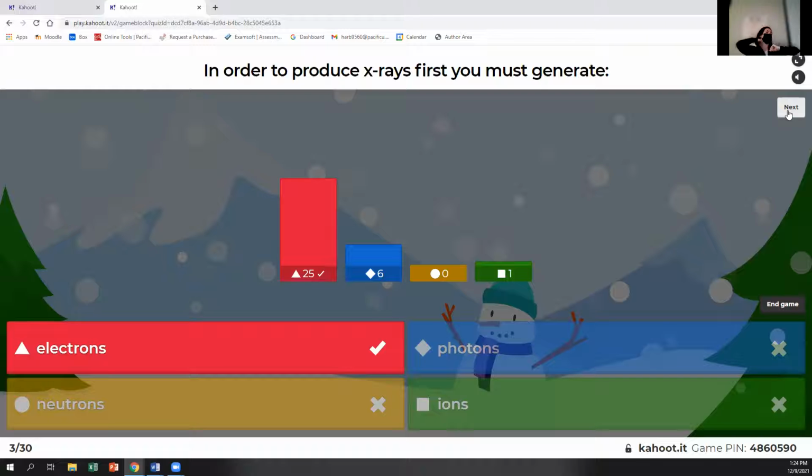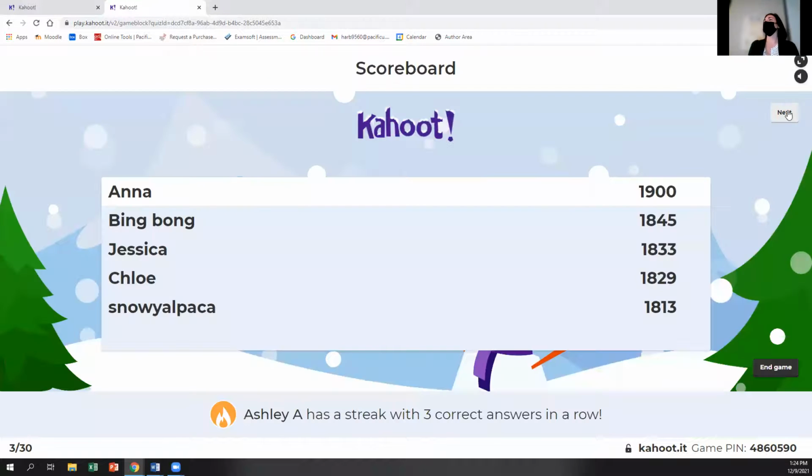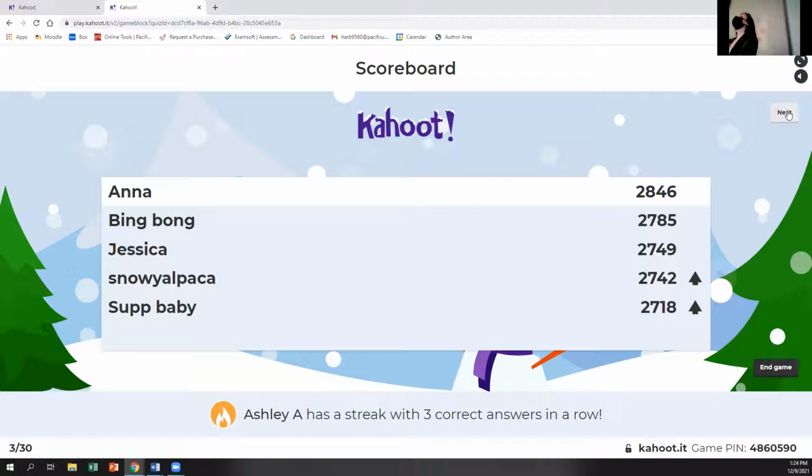So your tungsten filament, that thermionic emission is boiling off electrons in order to produce the X-ray. So when the electrons hit the tungsten target, that's what makes the photons. The X-ray photon. Okay.